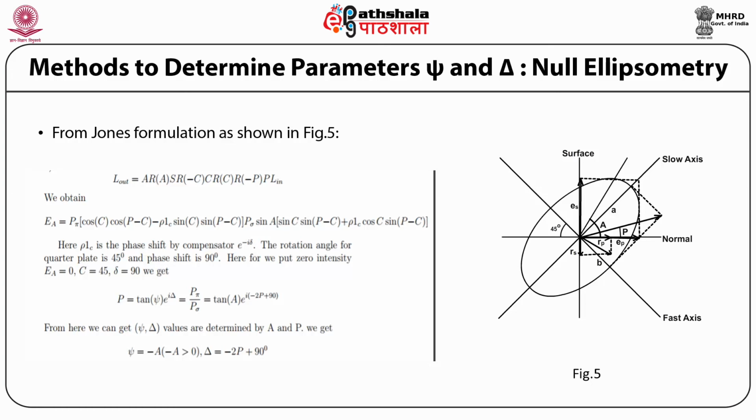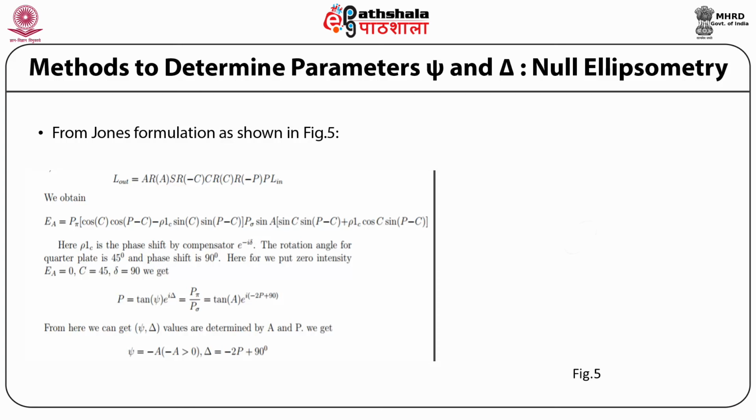Here, ρ₁C is the phase shift by the compensator, e raised to minus iδ. The rotation angle for the quarter wave plate is 45 degrees and the phase shift is 90 degrees. Here, we put zero intensity, that is E_A equal to 0, C equal to 45 and delta equal to 90.